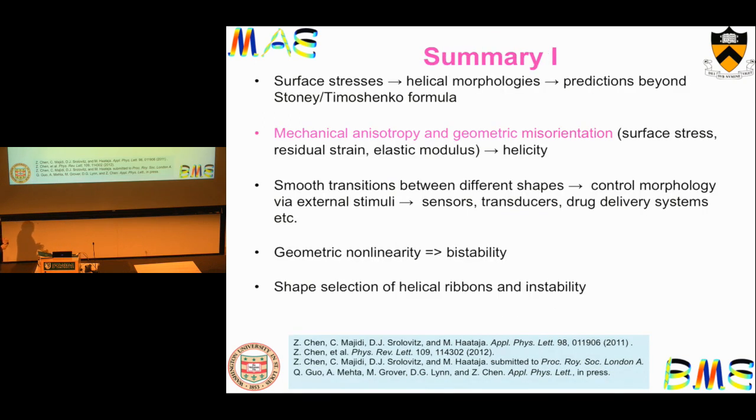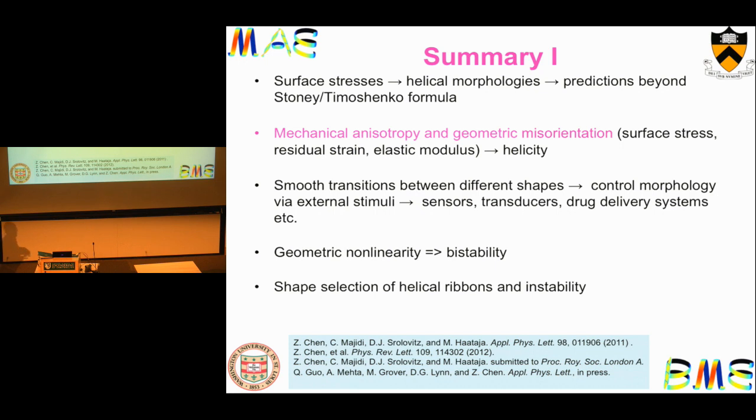So to sum up for the first part, we found that surface stresses can induce helical morphologies, and we proposed a theoretical model that gives predictions beyond the Stoney's or Timoshenko formula. And we showed that mechanical anisotropy and geometric misorientation together can induce helicity. And the sources of mechanical anisotropy can come from anisotropy in surface stresses, residual strains, or elastic modulus.